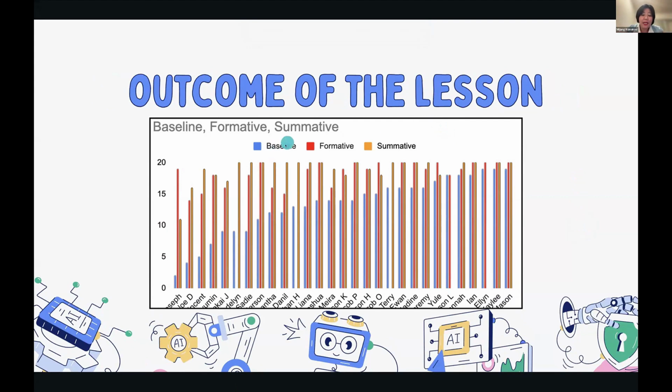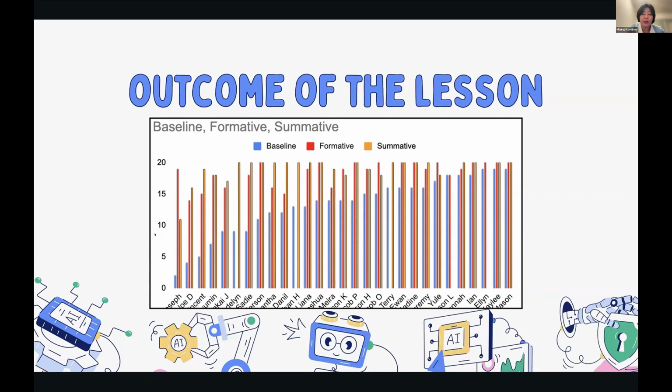The baseline test was before commencing the chapter 10 lessons. So they got this trend of scores, and Vincent was here in the middle. The second one was out of the 6 block class schedule, after the fourth lesson.